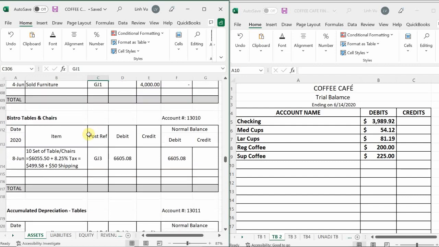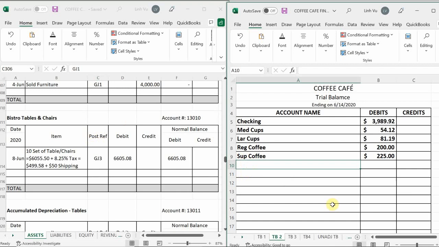But under furniture, you're right. We bought a table, right? We received our table. How much was our table? $6,605.08, right? So in this case, my furniture is my main account.